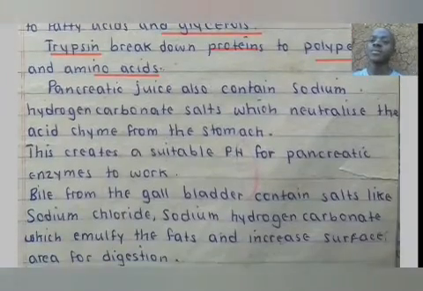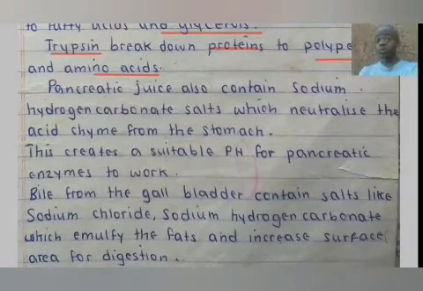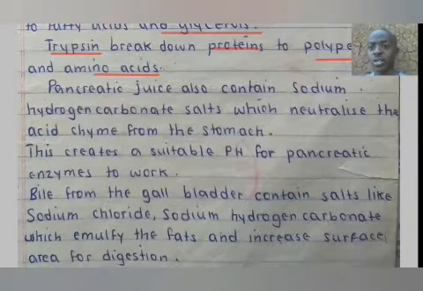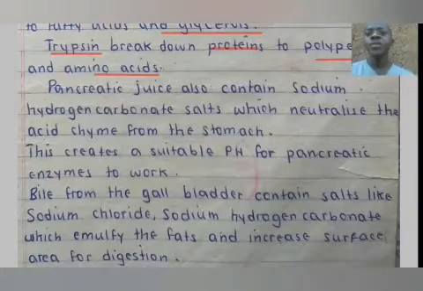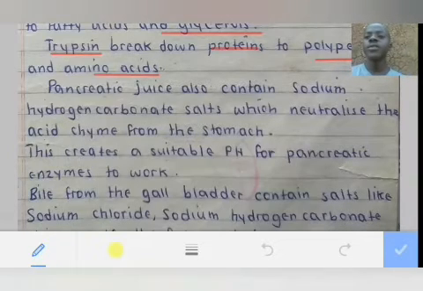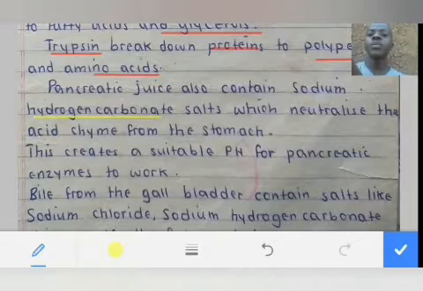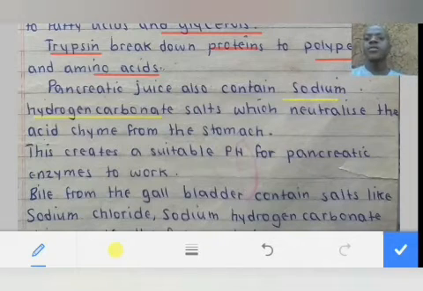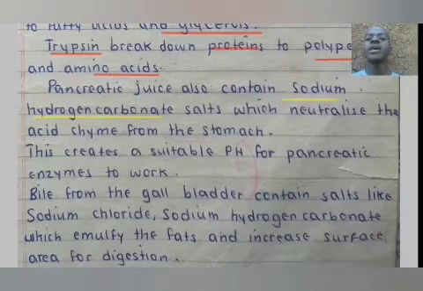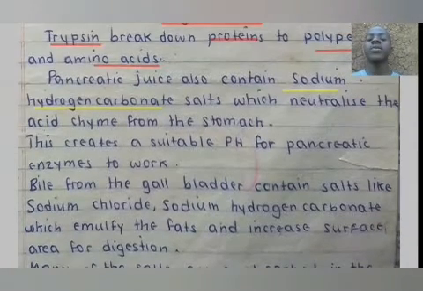Then the pancreatic juice also contains another chemical called sodium hydrogen carbonate. These sodium hydrogen carbonate salts neutralize the acid chyme from the stomach. Remember, in the stomach there is an acid, hydrochloric acid.